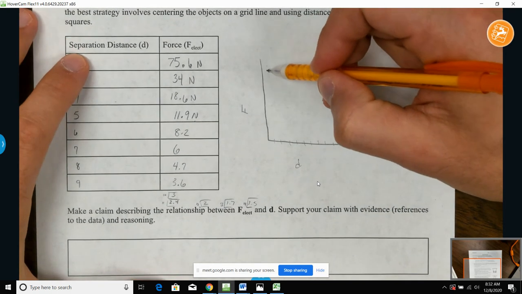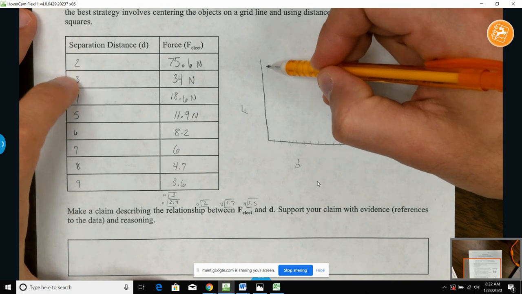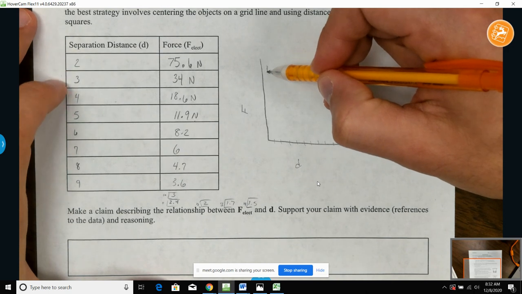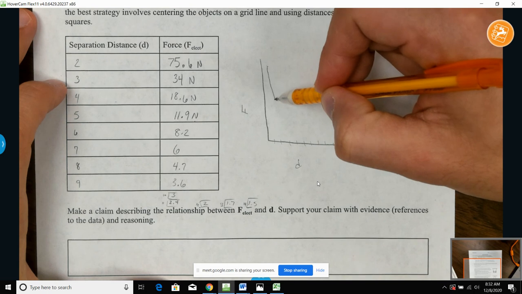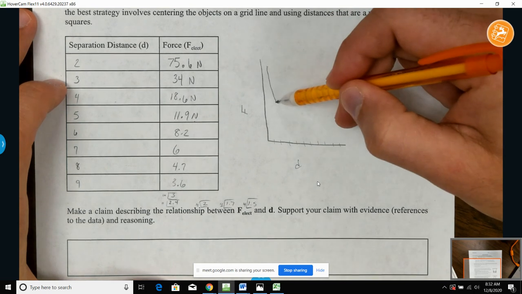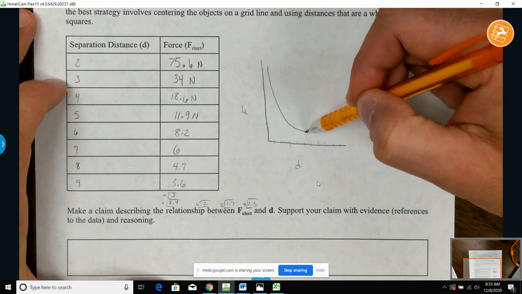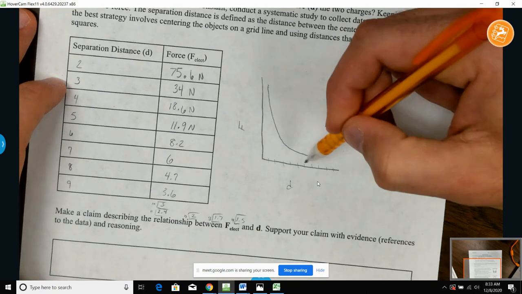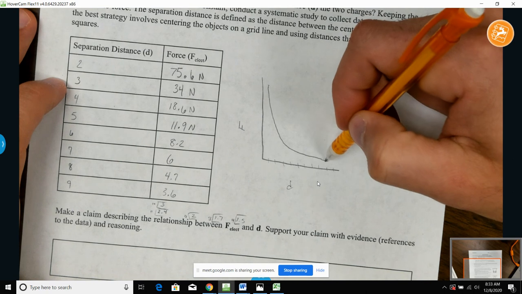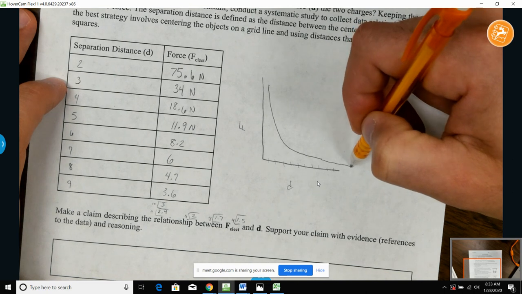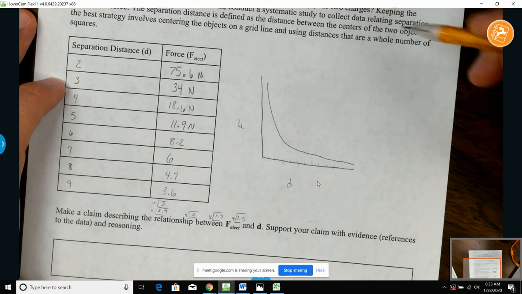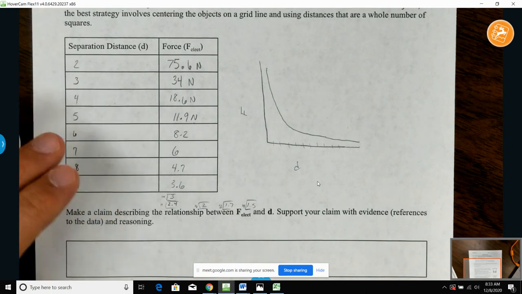And then as you went from 2 to 3 separation units, it dropped almost half. And then it drops more, and then it starts to taper off where it's not really dropping that many. And if we could continue this, what you're going to wind up getting is a graph that would look like this.